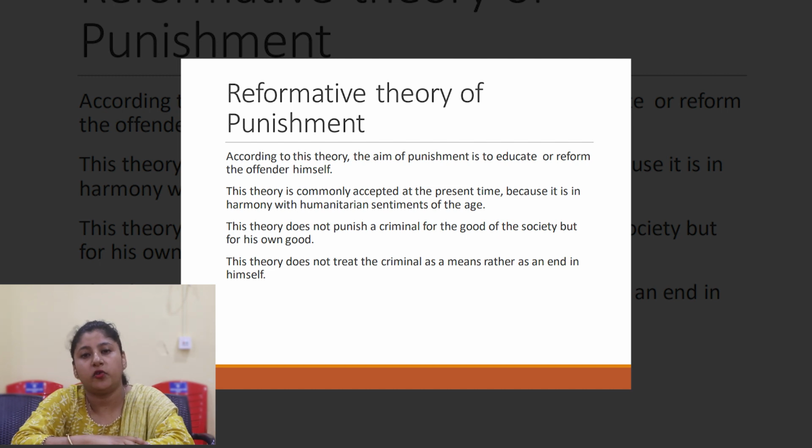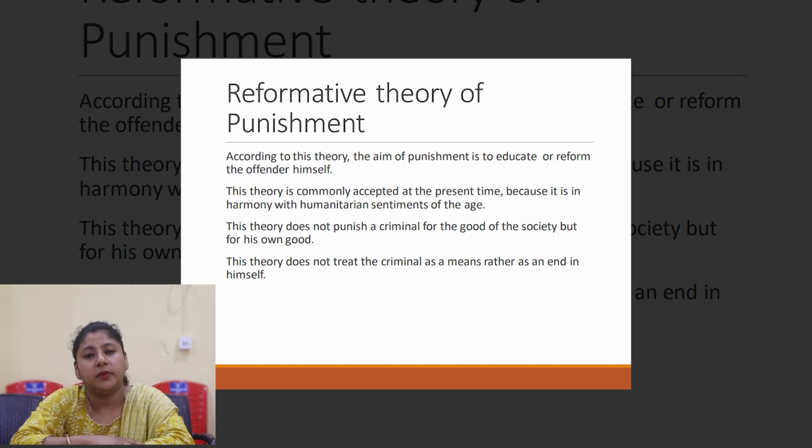So the next theory is the reformative theory of punishment. By its name, it suggests that it gives the criminal a chance to reform. So let us look at what the reformative theory of punishment is. According to this theory, the aim of punishment is to educate or reform the offender himself.